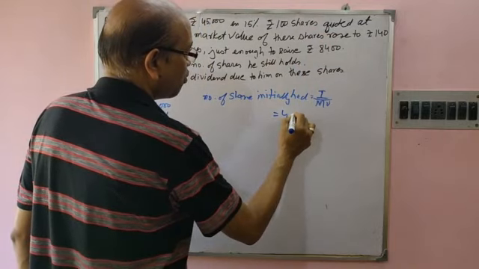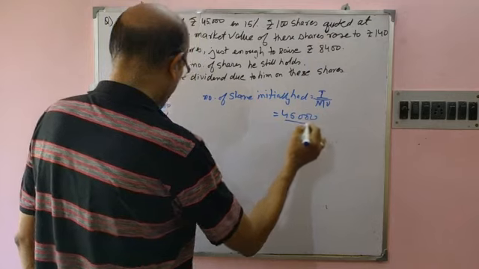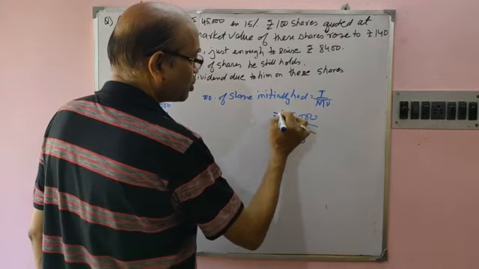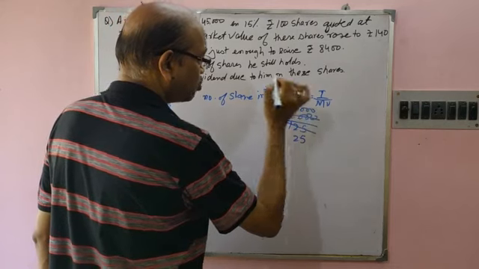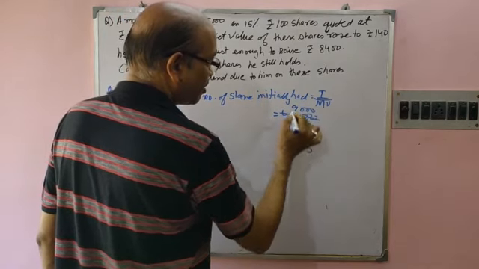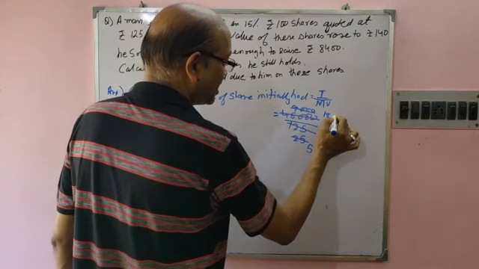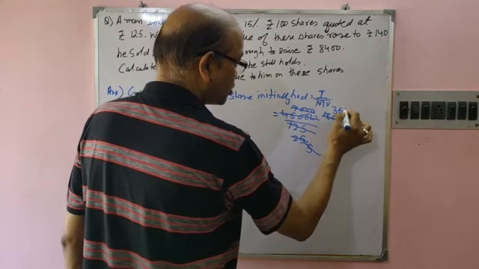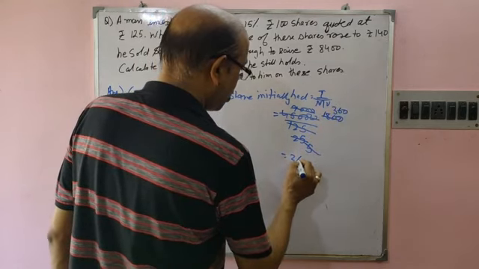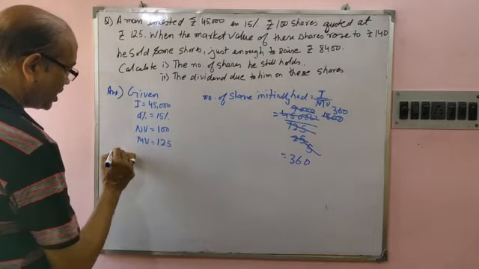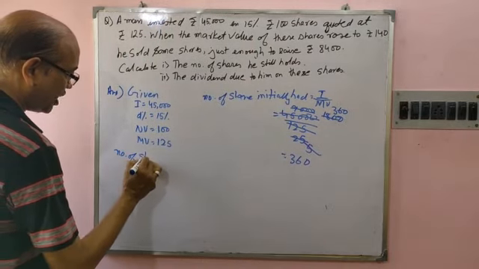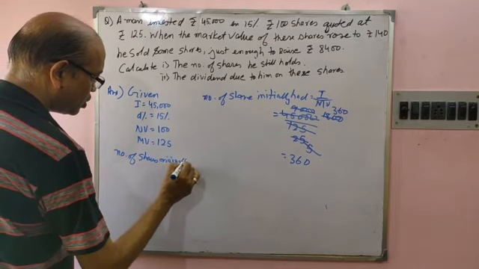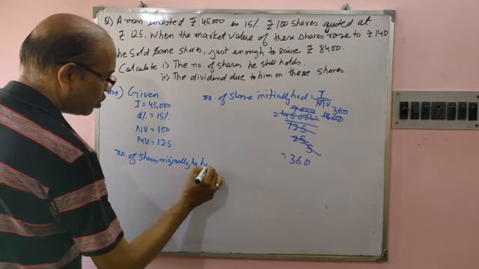Investment was 45000 by market value was 125. 5 into 25, 5 into 9,000, 5 ones are 5, 18,900... 5 will go 360. The number of shares originally he had is 360.